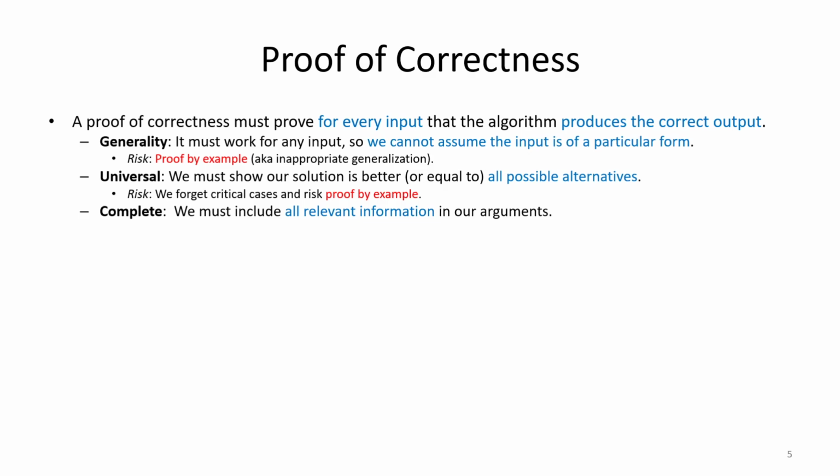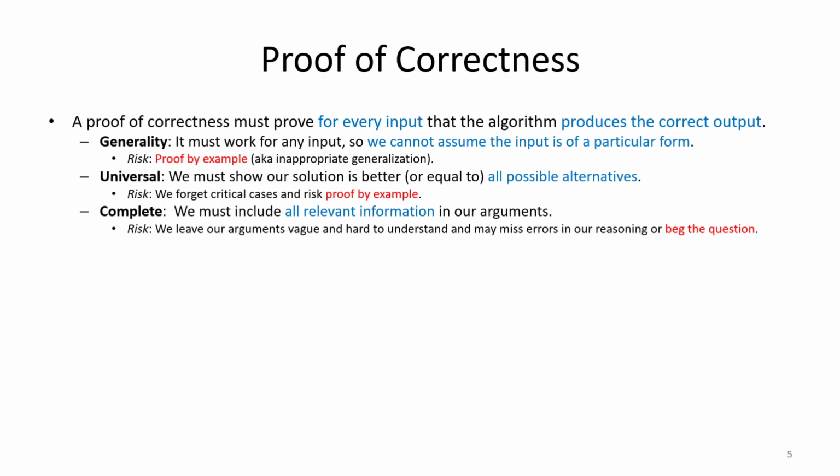We don't have time to include all that in there, and it actually jeopardizes our readers' ability to understand our material when we're bogging them down with very, very basic information. So while we want to make sure that our proofs are complete and include all relevant information, there is a trade-off there, which is some information is details that our reader could easily fill in and probably doesn't need us to re-mention.